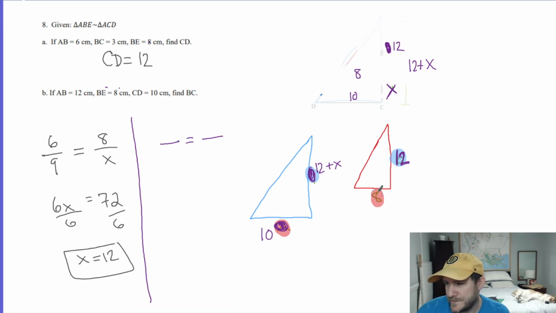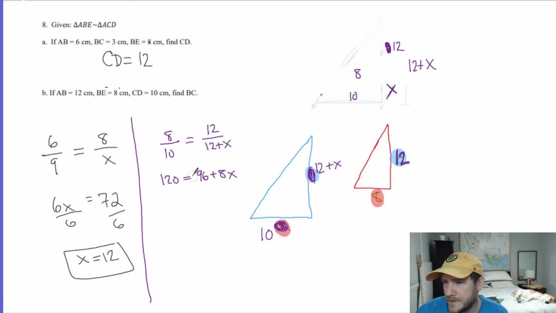We know we're going to do 8 divided by 10 for that first ratio. Then we'll do 12 divided by 12 plus x. And we cross multiply, we get 120. Then we distribute the 8 in, we get 96 plus 8x.